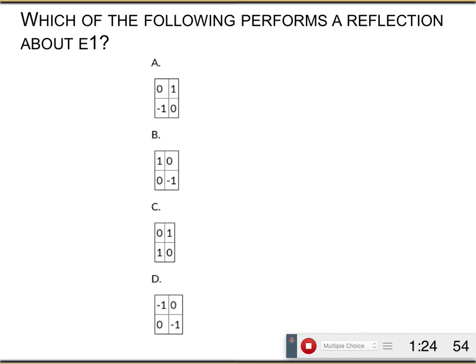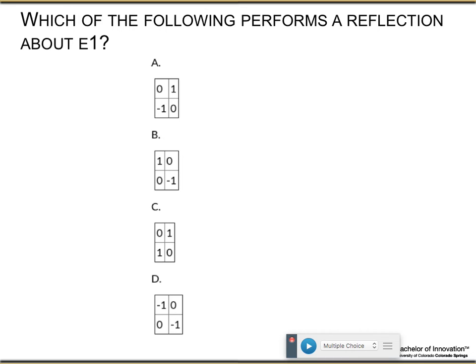Okay, most people have answers in, and we have pretty much a tie between A and B. So, who wants to describe why it's A? We got like 20 of you. Or was A just a guess? So A is a reflection, but what's it a reflection around?